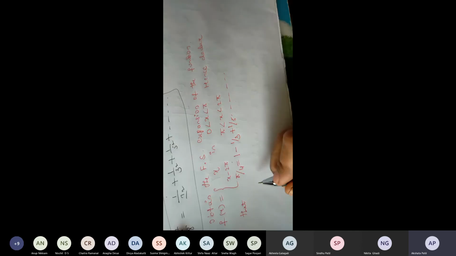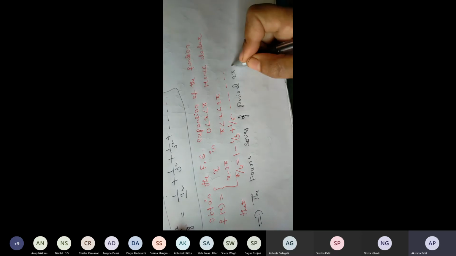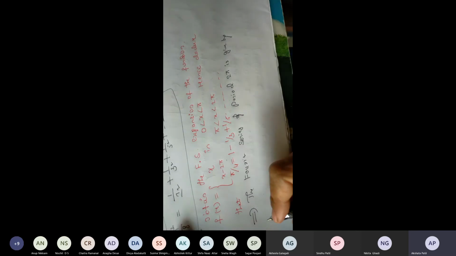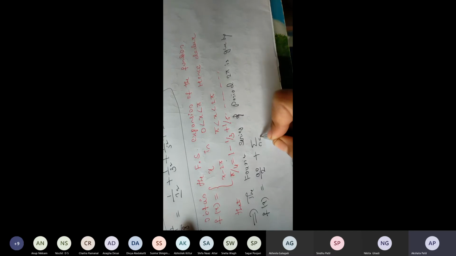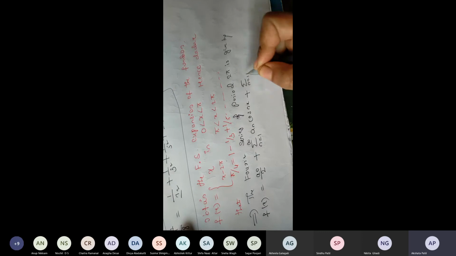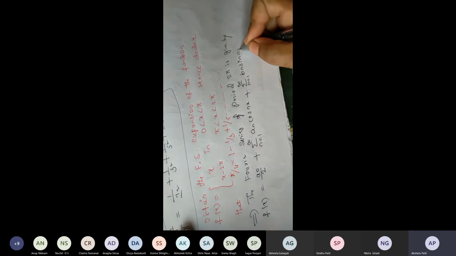The Fourier series of period 2 pi is given by f of x equals a naught by 2 plus summation n equals 1 to infinity a n cos nx plus summation n equals 1 to infinity b n sin nx.